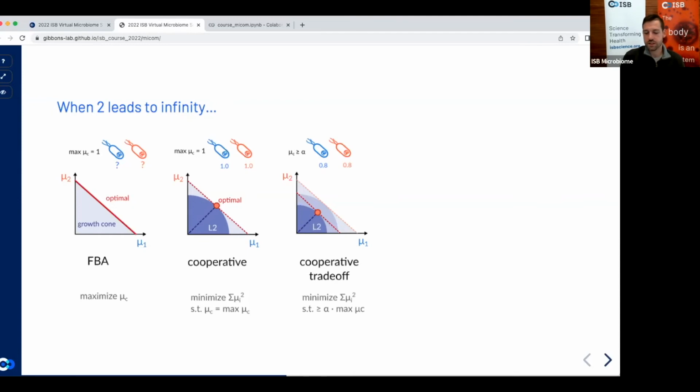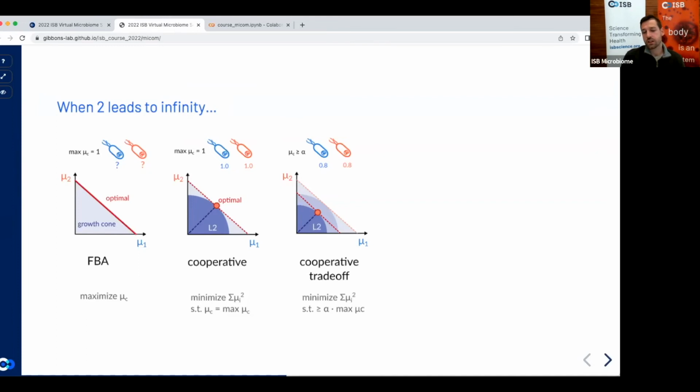Basically, what this does is specify the fraction of the maximal community growth rate to which we want to perform our L2 regularization. So for instance here, if we set a trade-off parameter of 0.8, so 80% of maximal community growth rate, we see that our L2 regularization finds that optimal solution at 80% of the maximal community growth rate, lowering our growth rate slightly.